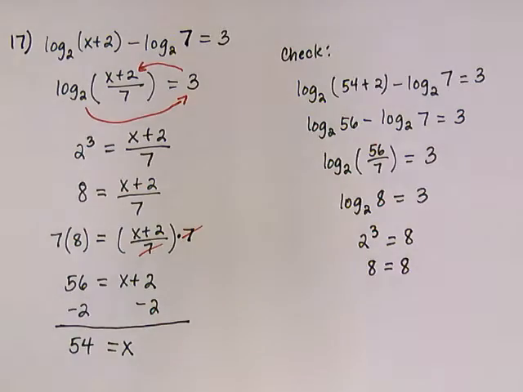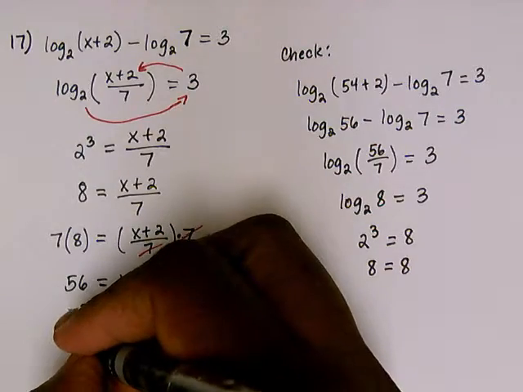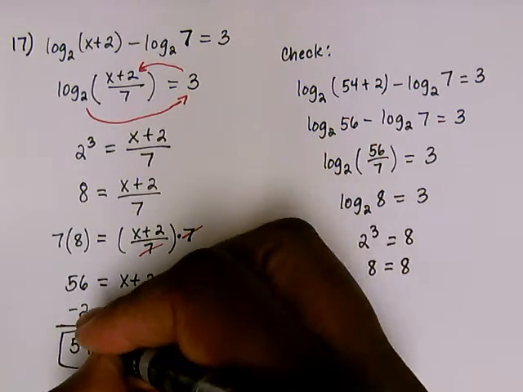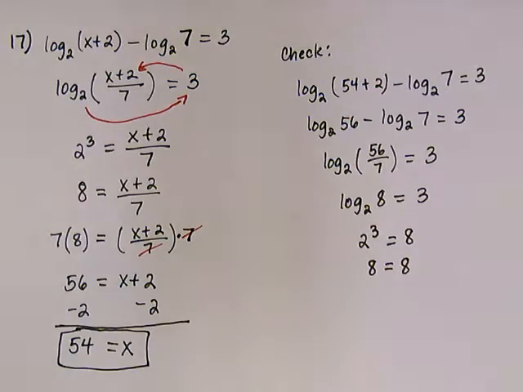So I do have a true statement. So I can conclude that x equals 54 is the solution to that logarithmic equation. Okay. That's how you will solve a logarithmic equation and do the check.